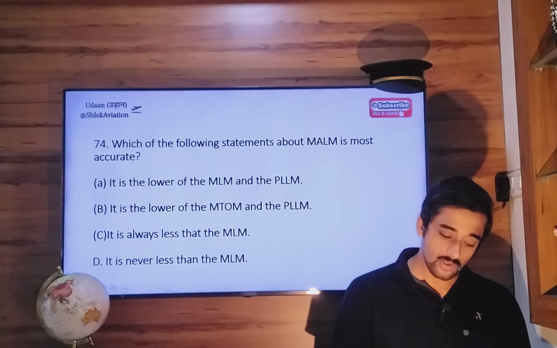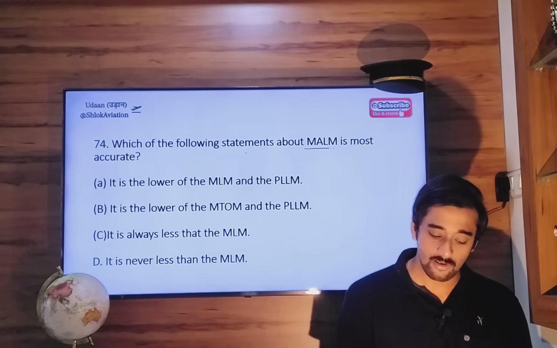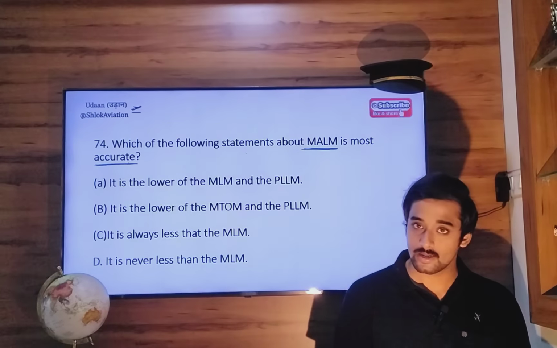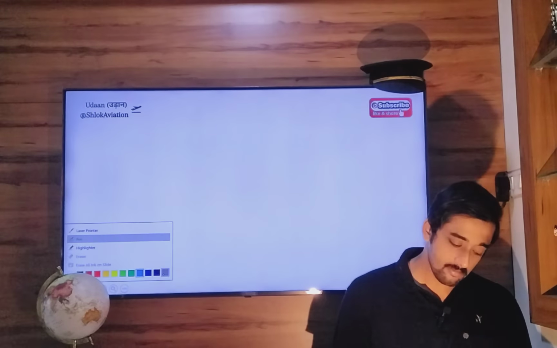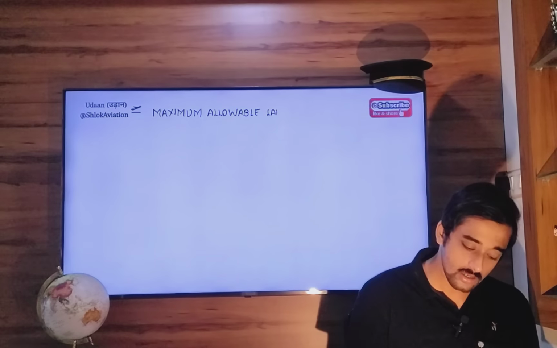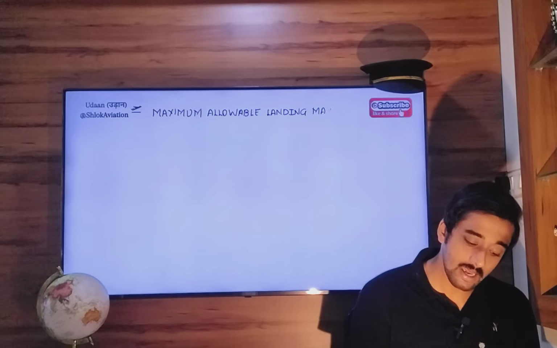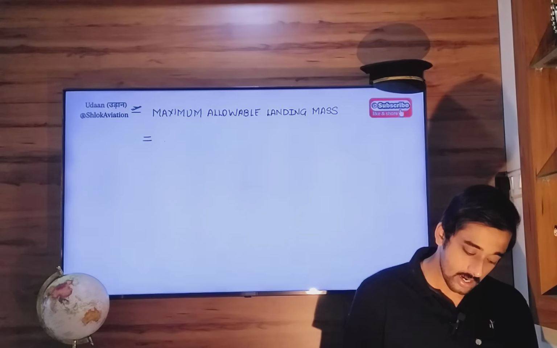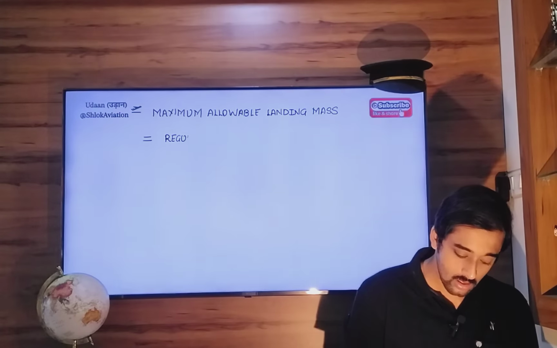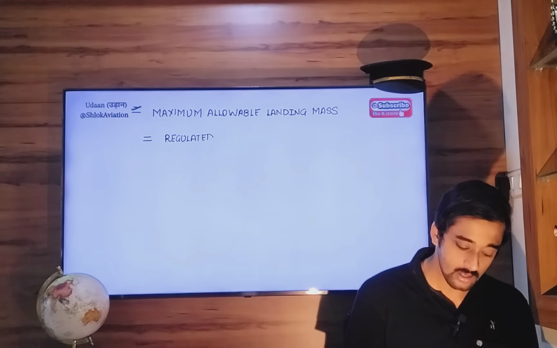Next. Which of the following statements about maximum allowable landing mass is most accurate? The maximum allowable landing mass is another term or another label for regulated landing mass.